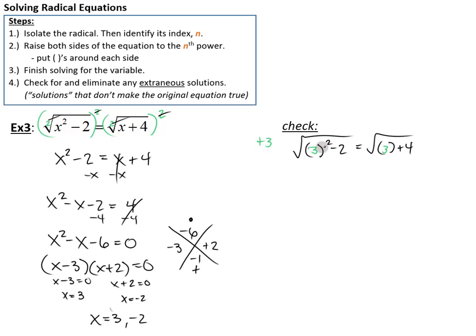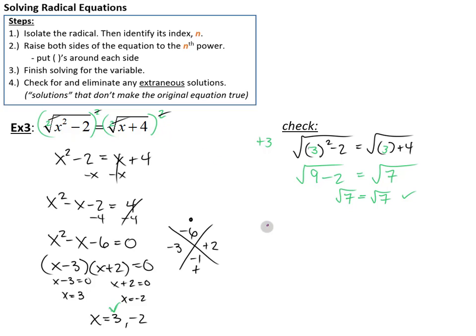Simplifying in each radical, 3 squared is 9, and over here 3 plus 4 becomes the square root of 7. 9 minus 2 is 7, and the square root of 7 equals the square root of 7. So I think we're okay, +3 gets a little check mark. That definitely works.